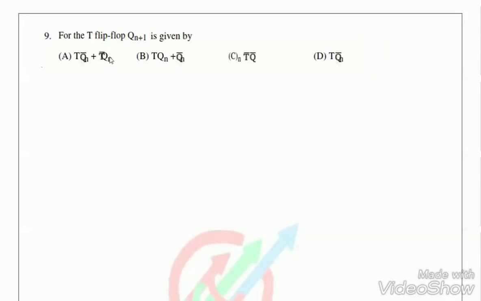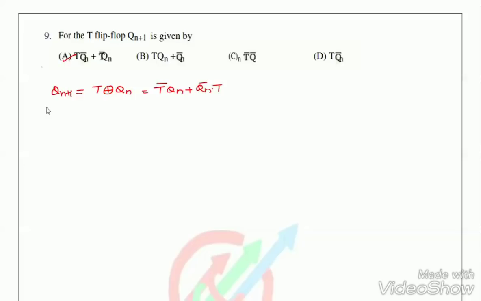Next question, for the T flip-flop Qn plus 1, that is the next state, is given by, normally Qn plus 1 is given by T exclusive OR Qn. This is nothing but T bar Qn plus Qn bar into T. So in the given option A is the right answer.